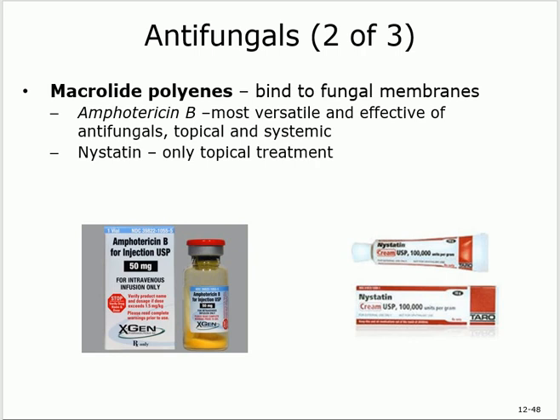How does the antifungal work? The first type will work on the membrane. Does the fungus have a wall? It has a membrane, but does it have a wall? No, only prokaryotes have a wall. Don't ever forget this. These are the two most important things I want you to remember.